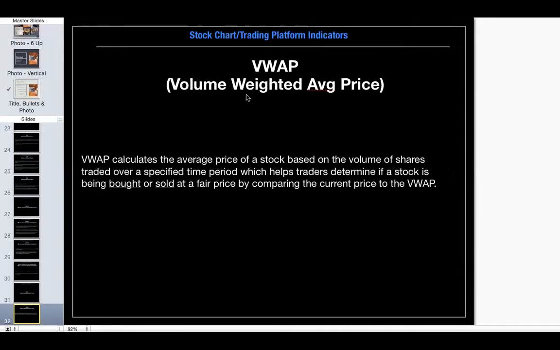What the VWAP does is calculate the average price of a stock based on the volume of shares that are traded over a specific time period, which then helps traders and investors determine if the stock is being bought or sold at a fair price. And it does that by comparing the current price to the VWAP, right?